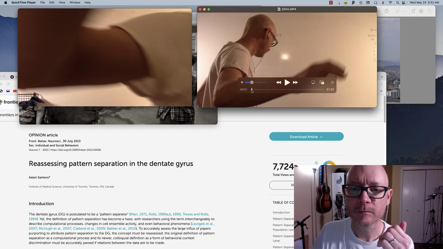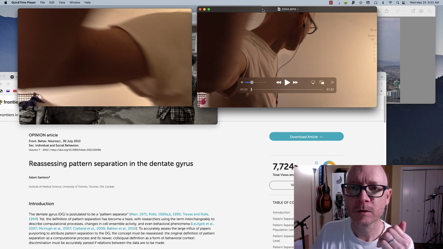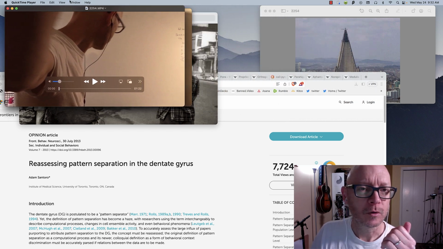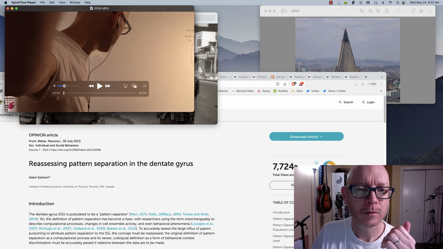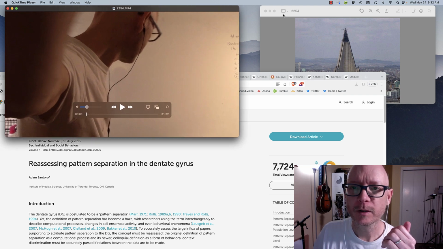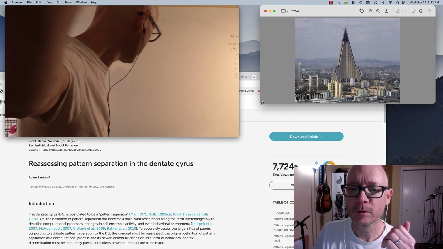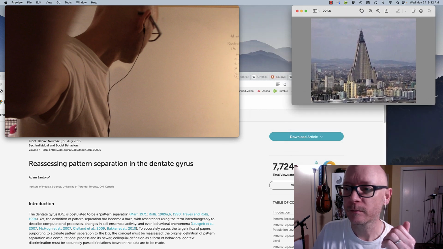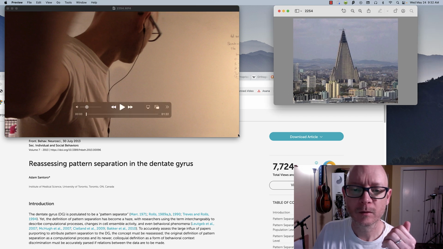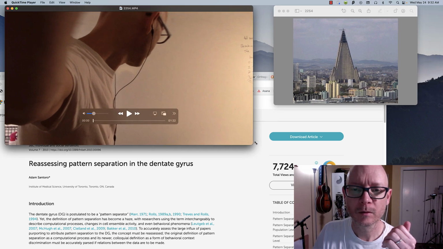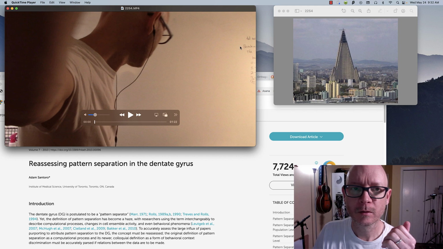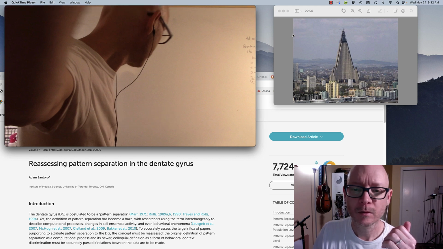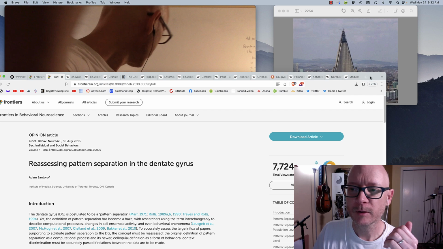Back this up. This one has very, very cool pattern completion elements to it. And where is that happening?